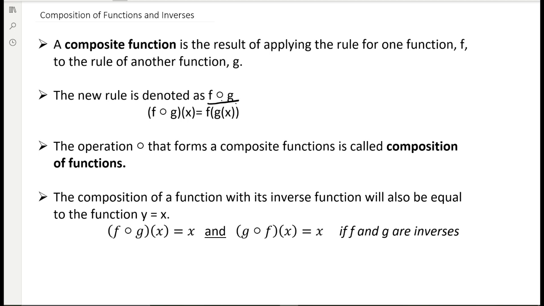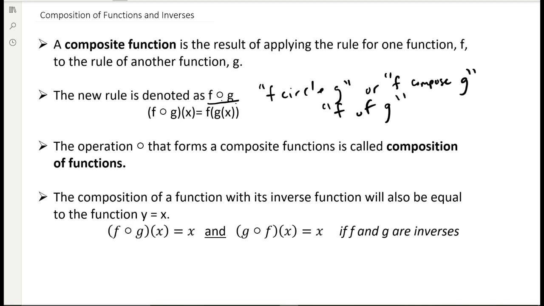Now F circle G, or F composed with G, so you can call this F circle G, or F compose G, or you can say F of G. Okay, so either one of those is considered valid.